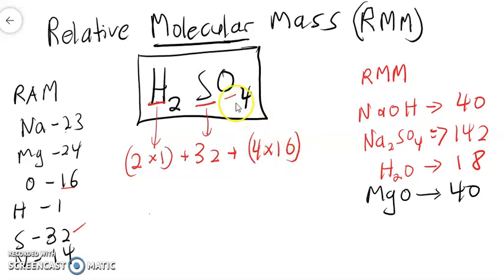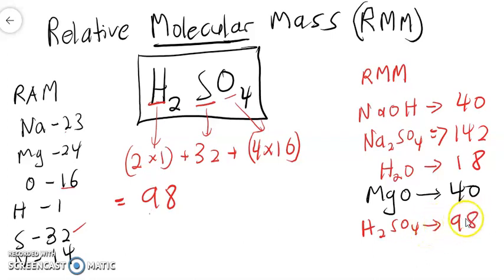So here we have 2 plus 32 and 4 multiplied with 16, and in total you have 98 over here. I'm pretty sure now you are able to calculate the RMM of any molecule by yourself.